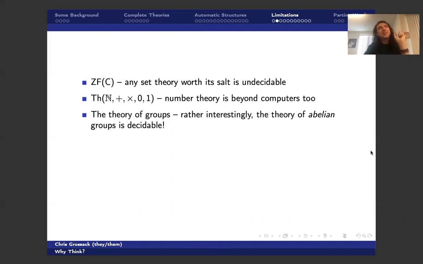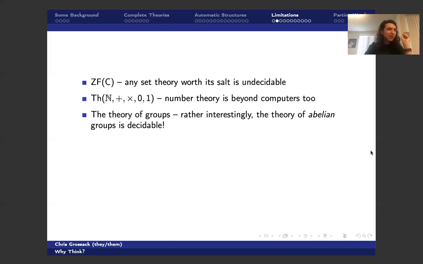Rather interestingly, the theory of groups is undecidable, but the theory of abelian groups is decidable. The fact that the theory of abelian groups is decidable is a theorem due to Szmielew, some Polish last name, who was a badass mathematician, and she's awesome.